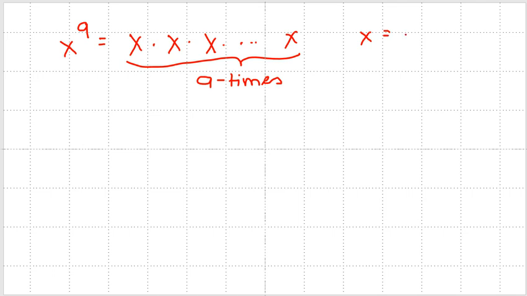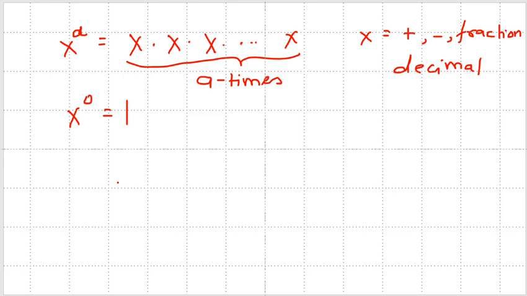And x could be plus, minus, fraction, decimal. It could be any number in the world, right? And by the way, I want to be very, very clear on it. This is not 9. What we are talking about is a. Okay, that's one property. By the way, an example of this is that x to the power of 0 of anything is 1, regardless of what x is. Okay, so that's 1.